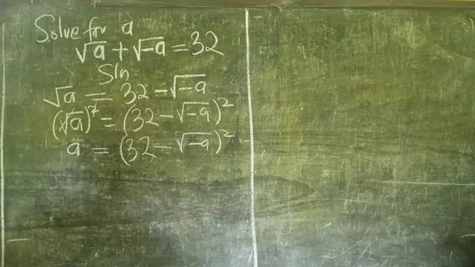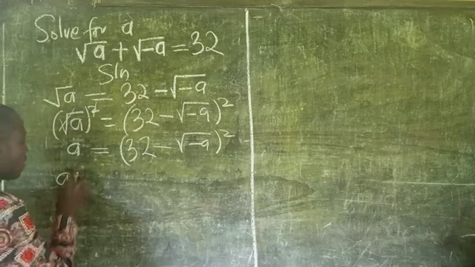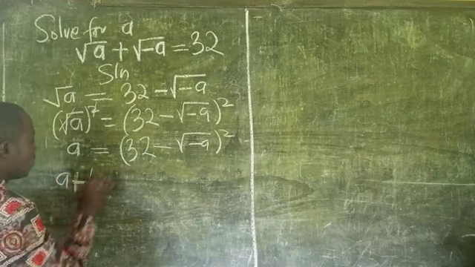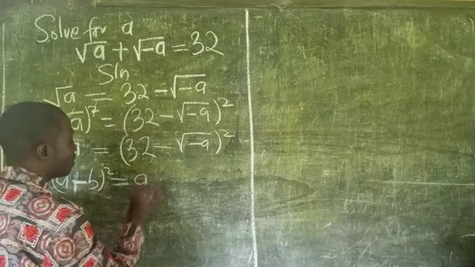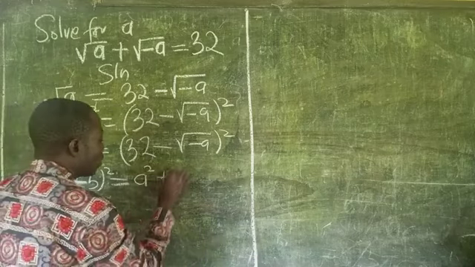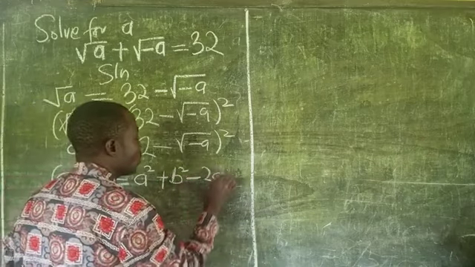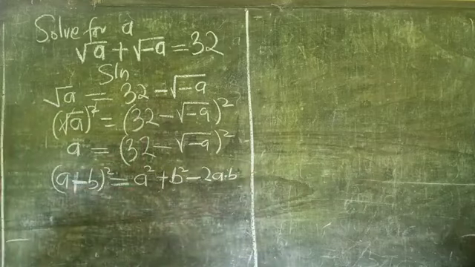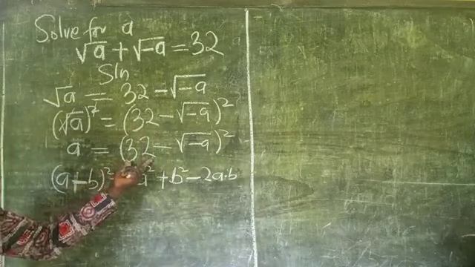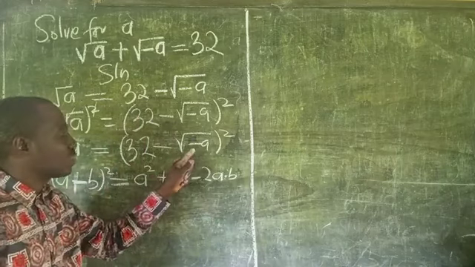But by the concept of difference of two squares, (a minus b) squared can be resolved to a squared plus b squared minus 2 times a times b. In this case, our a is 32 and our b is the square root of minus a.